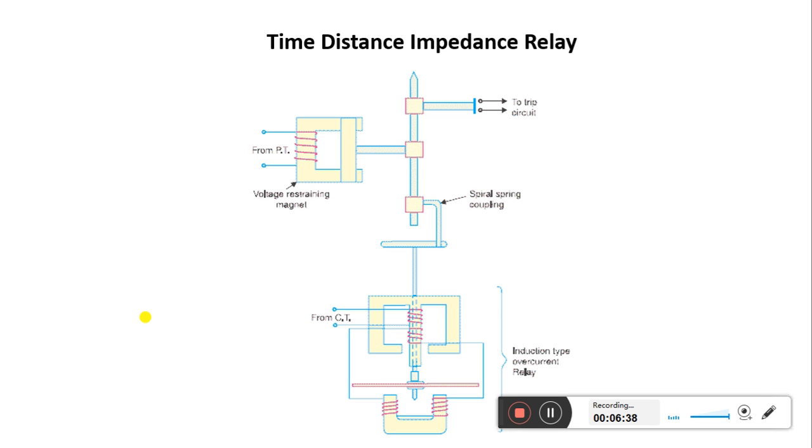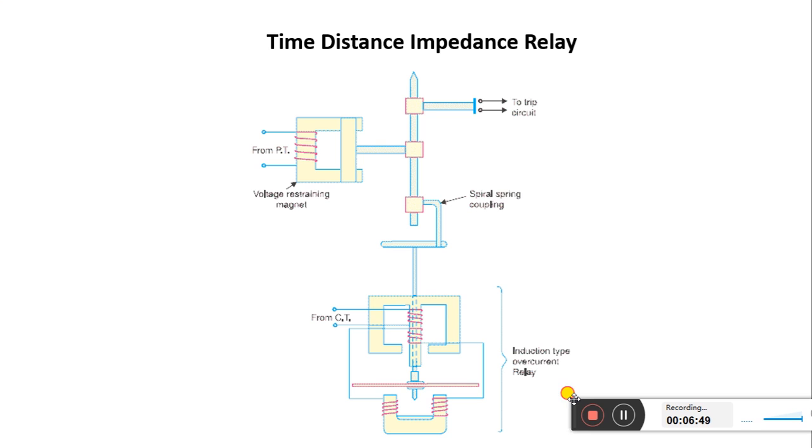Now we'll move on to the second relay, that is called the time distance impedance relay. Let us first discuss the structure of this time distance impedance relay. Let us first see, this is the spindle which rotates in the clockwise direction, and there is a voltage restraining magnet.